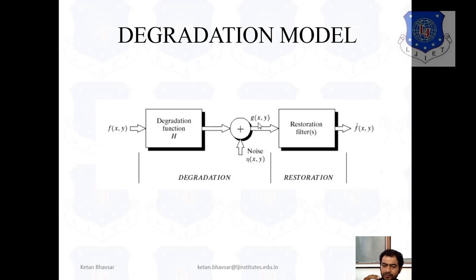After adding this quantity, we extract some meaningful content using a restoration process, and try to get f bar of x comma y as similar as possible to f of x comma y. And after getting the similar image we prove it in mathematical terms.